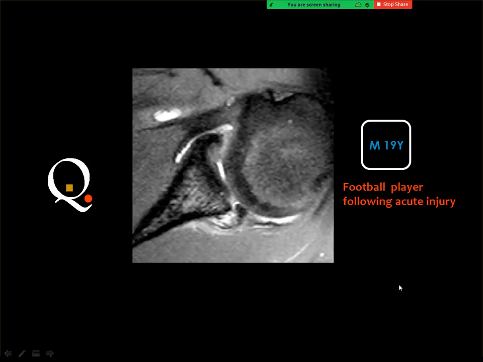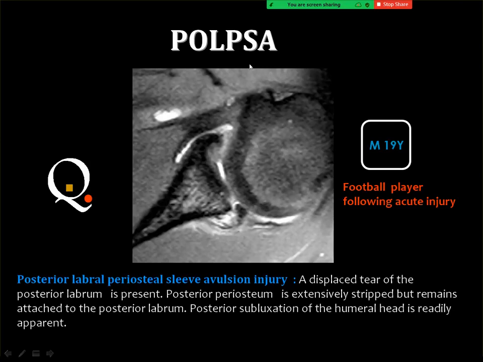This is typical for the reverse Bankart, which is the opposite of a Bankart lesion, which affects the anterior labrum.